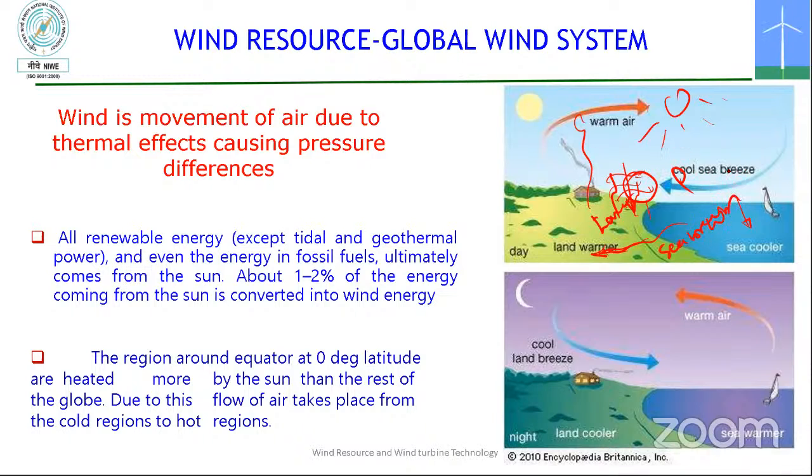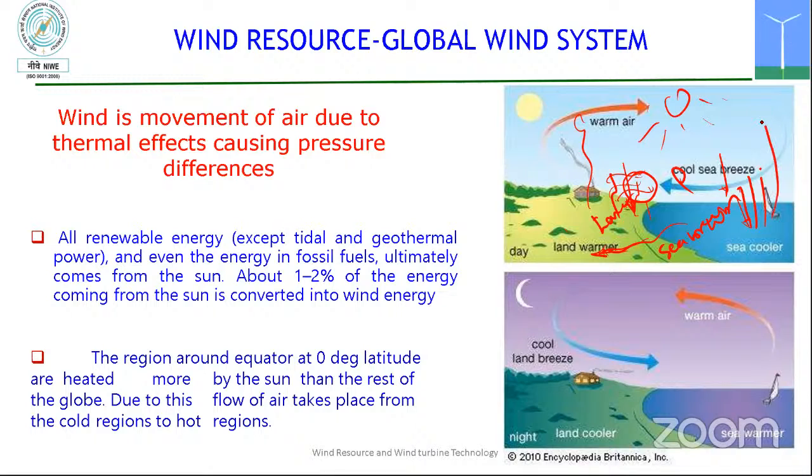During the night time, because of the different absorption characteristics of water and land, the water surface emits heat upward, and the land cools quickly. Now what happens above the sea surface? The air becomes heated, and its density becomes lower.